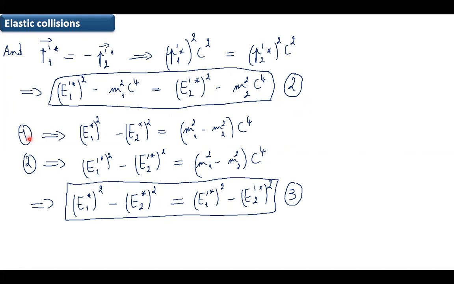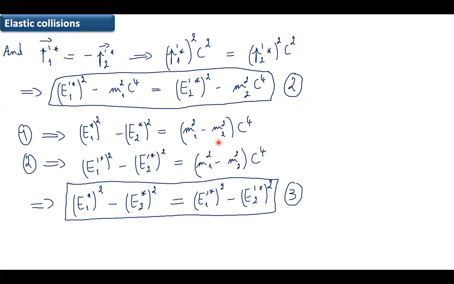From equation 1, we can rewrite it with the energies on the left-hand side and the rest on the right-hand side. So E1 star squared minus E2 star squared is equal to M1 squared minus M2 squared times C4, and equation number 2 becomes E1 prime star squared minus E2 prime star squared is equal to M1 squared minus M2 squared as a common factor times C4.